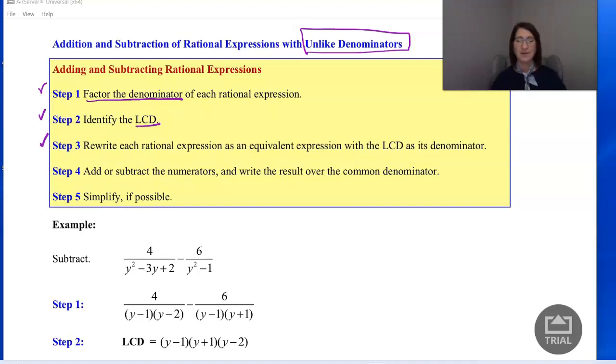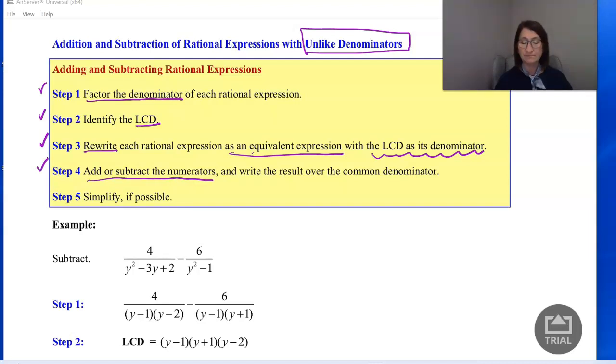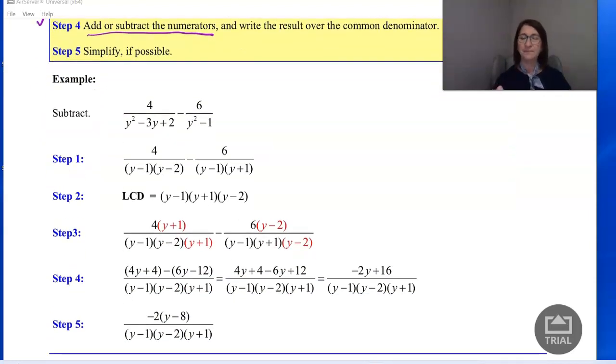Our third step is to rewrite each rational expression as an equivalent expression with the LCD as the denominator. Fourth, add or subtract the numerators, and then you simplify it if you need to. Whew, that's a lot. All right, let's do it.